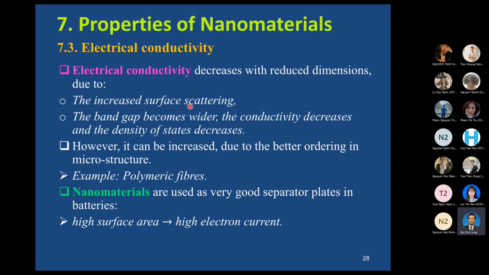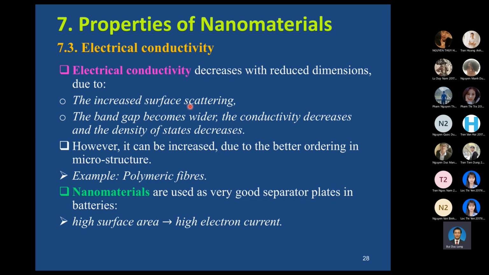It means at nano scale, the material will have higher surface area, or we can say higher specific surface area. So the volume of boundary in the nanomaterial is increased, and of course the boundary will act to scatter the charge carrier when they come to the boundary.